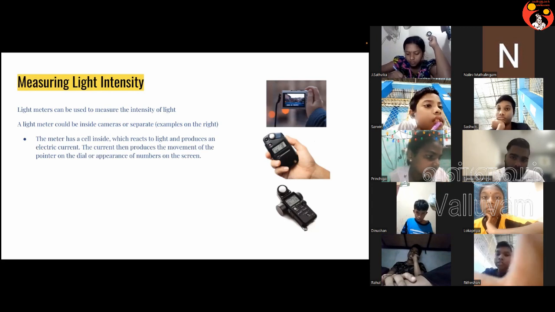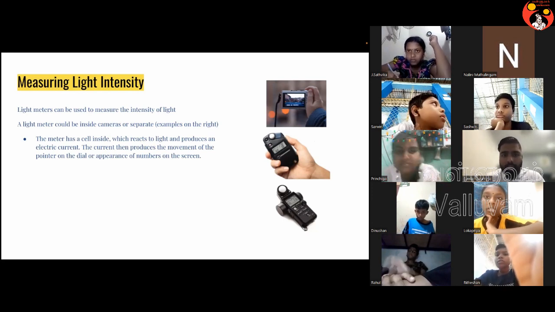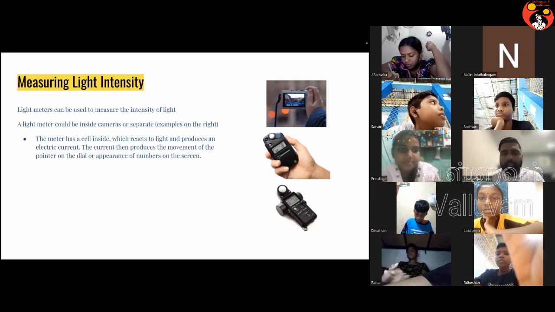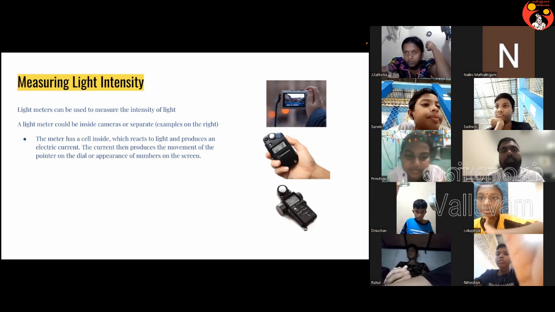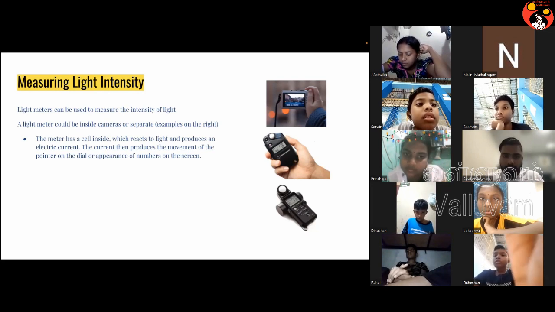These meters, whether they're in the camera or they're the independent devices, they all have a cell which is inside. This cell reacts to the light and produces an electric current. The current then produces the movement of the pointer on the dial or number on the screen.